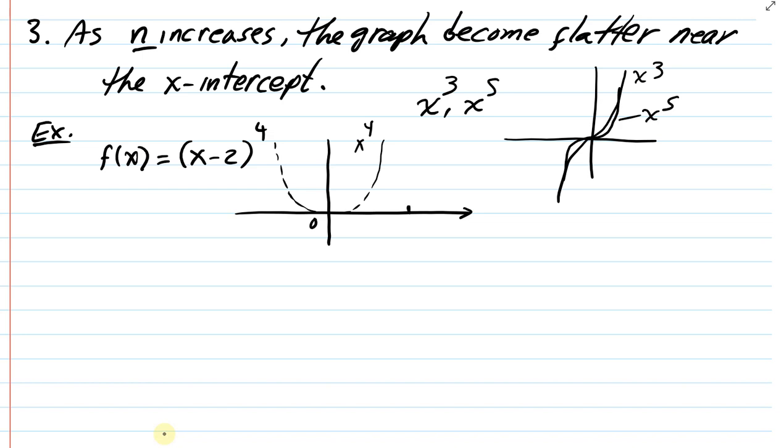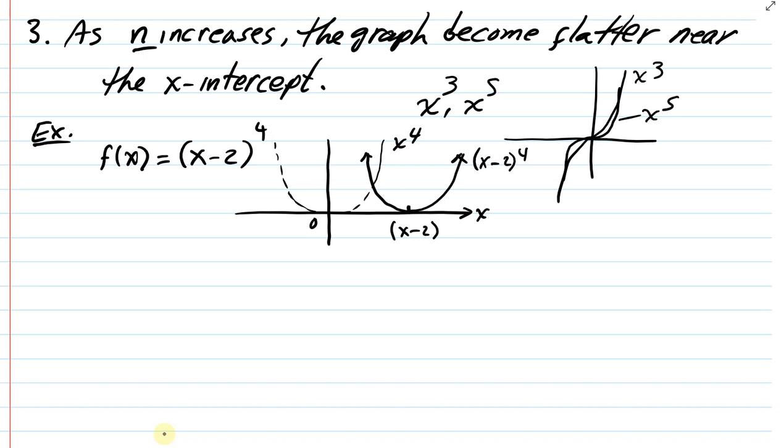And x minus 2 will shift it to the right 2 units, and then we have that very flat, almost parabolic graph, but it's really not a parabola, just to clarify. In fact, they don't even call it a parabola. Parabolas are only second degree functions. So there you go, x minus 2 to the 4th. Again, it's important to know the behavior at 0 of these polynomial functions.